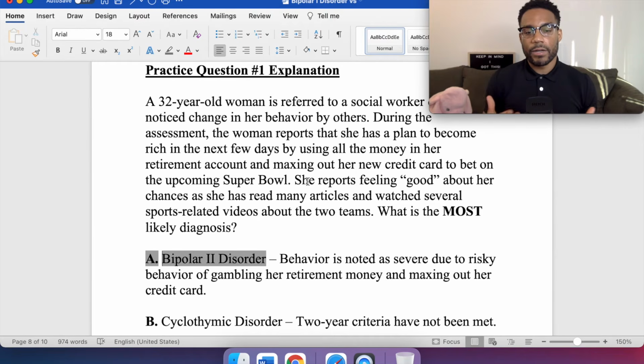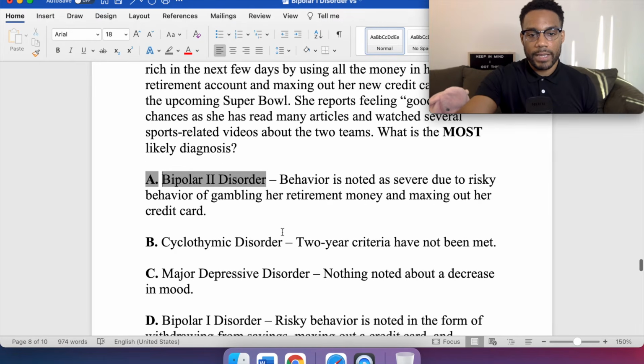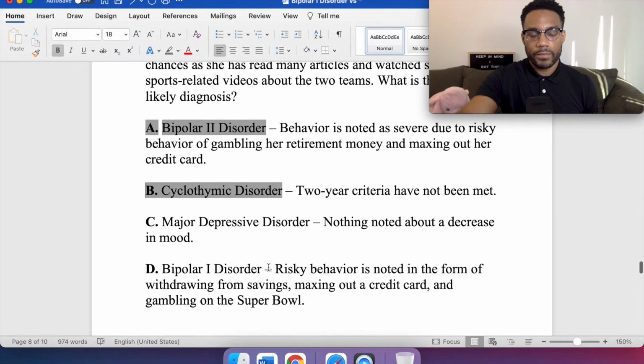And there's nothing noted in here about the woman experiencing an episode of MDD. So we want to rule that out. Remember, we have to work with what the question gives us. C, major depressive disorder, nothing noted about a decrease in mood. So again, we have to work with what the exam is giving us.